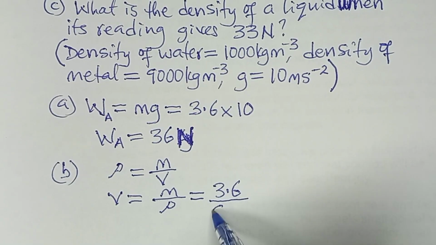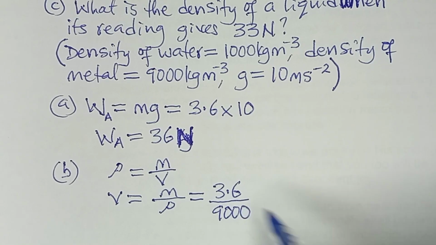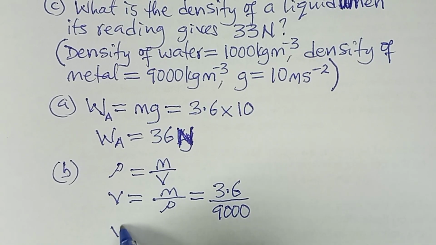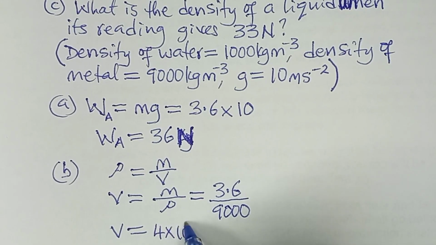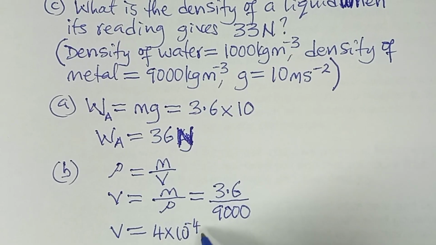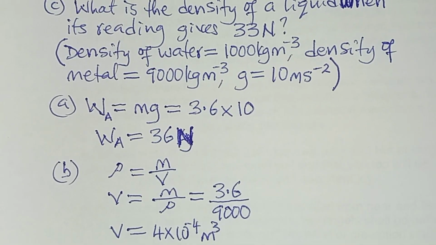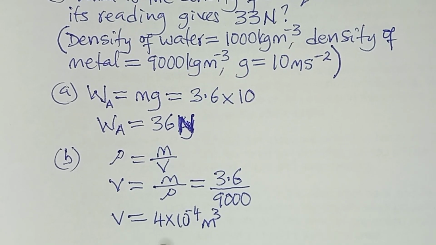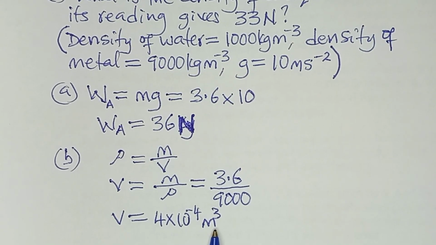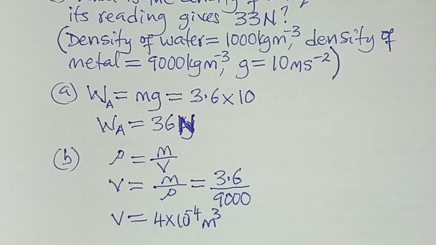So I divide by 9,000. By the time we divide 3.6 by 9,000, it's going to give us the volume as 4 times 10 raised to power minus 4 meter cube. So that is the volume of the metal.